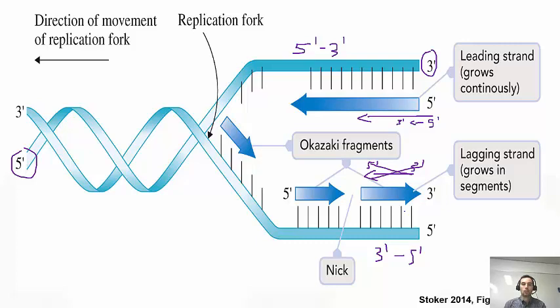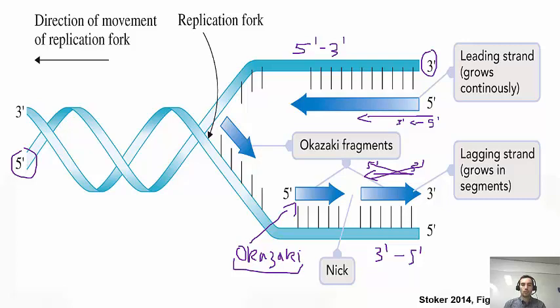So instead, what we have to do is make short segments that match up to our lagging strand, and these are our Okazaki fragments. The Okazaki fragments will complement the DNA, and when we've got all of these added in, we can connect them through the DNA ligase.